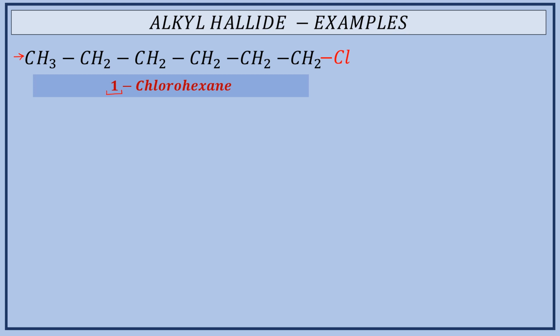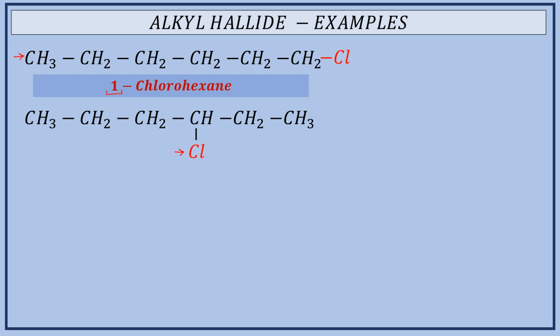Now let us move on to our next example, in which we have shifted the position of chlorine to some other carbon atom in the parent chain. To write the position of this chlorine atom, we can start either from left to right or from right to left.